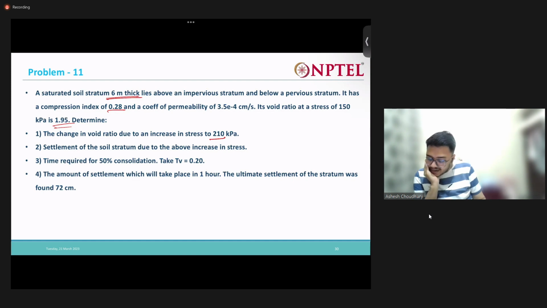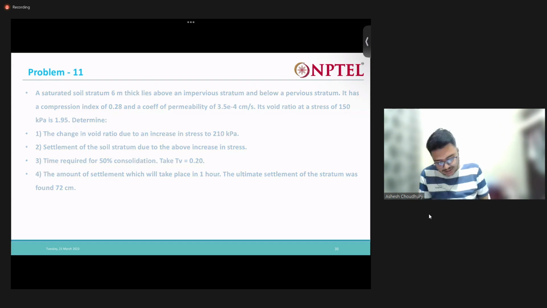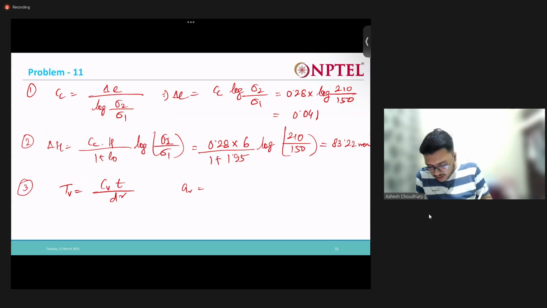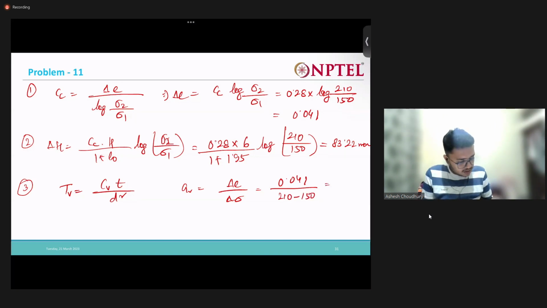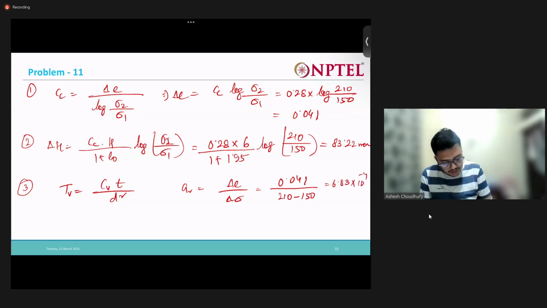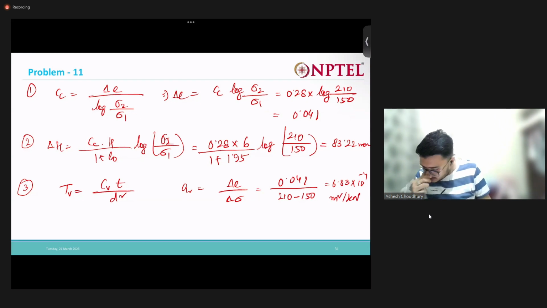For mv I need to find out av, the coefficient of compressibility. av is nothing but delta e by delta sigma, and delta e we already determined. Delta sigma is 210 minus 150. So av is 6.83 into 10 to the power minus 4 meter square per kilonewton.